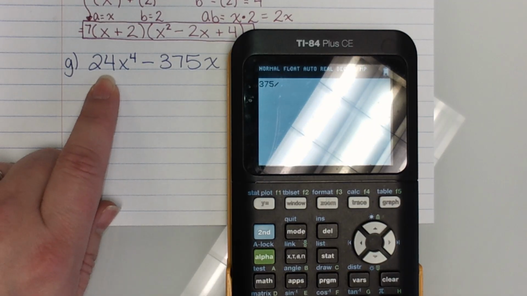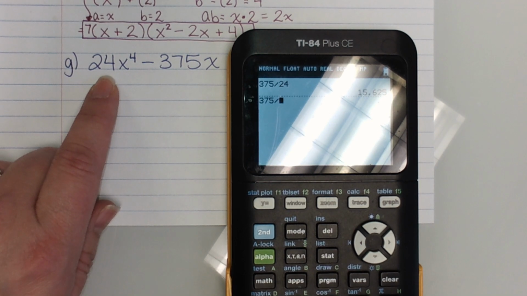I start with its biggest factors. What's the biggest thing that could divide out of 24? 24. No. What's smaller? 12? No. Smaller? 6? 8? Oh yeah, that's fair. No. Smaller? 6? Try 7.